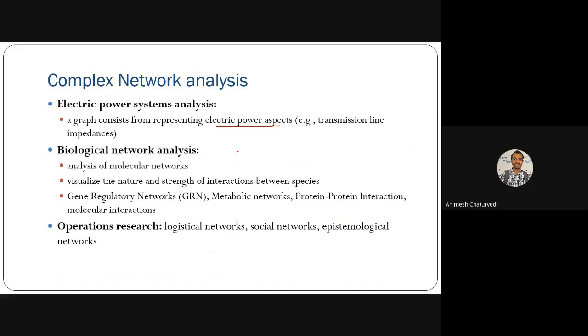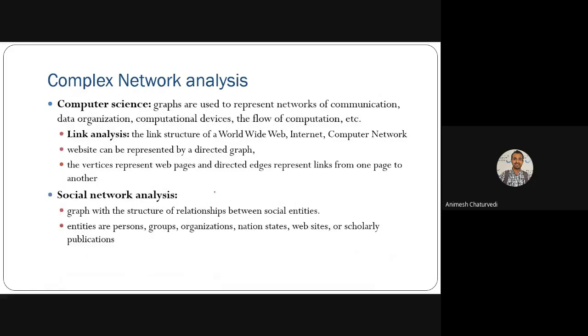Gene regulatory networks could be formed, metabolic networks are being formed, protein interactions could be formed. Then in operational research, there are logistical networks, transportation problems, social networks, epidemiological networks. All these things are being studied. Thereafter, in computer science, link analysis could be done for the World Wide Web, the internet and computer networks.